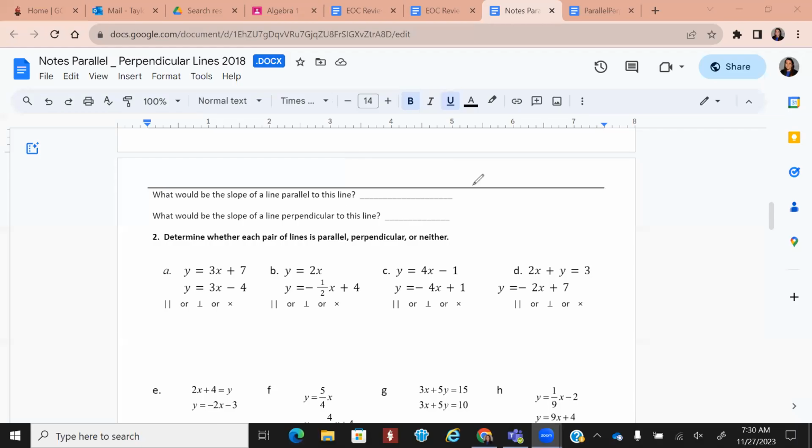So what would be a line that is parallel to this line? Again, we have y equals 1/2 x plus 2, right? If I were writing a parallel line, I would need to have the same slope. I would have y equals 1/2 x plus some other number. So let's say 6. That would be a parallel line.